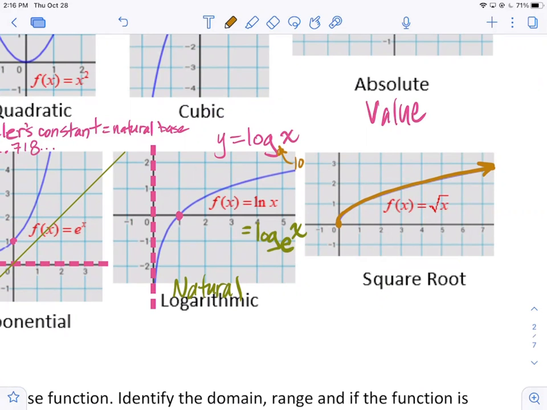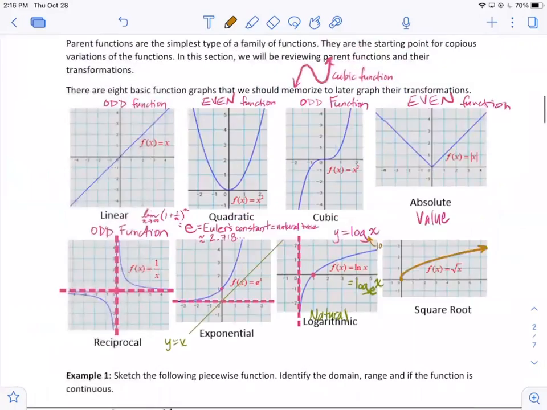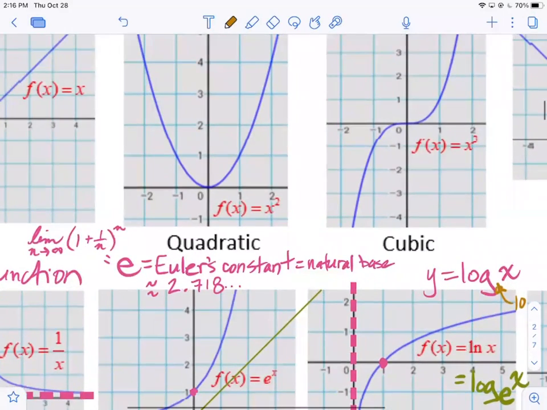Now, this one looks like a parabola, half of a parabola that's literally fallen over, but that's not how we get it. We get it by taking x squared and drawing the line y equals x. If you take that graph and reflect it across the line y equals x, the piece that's intersecting the line right now becomes that piece over there.